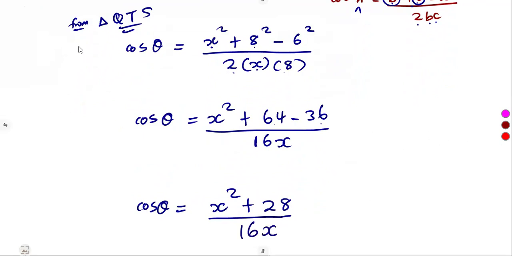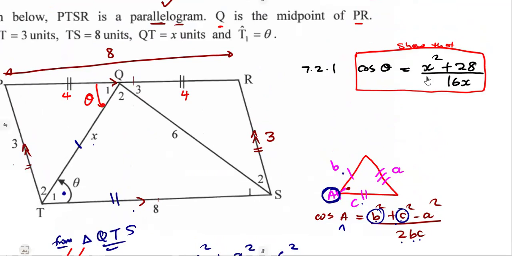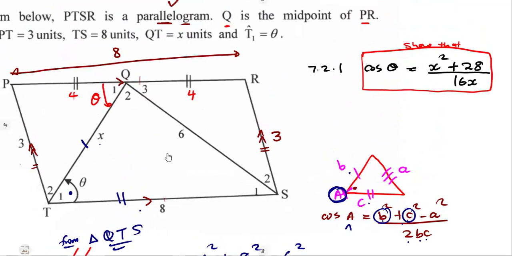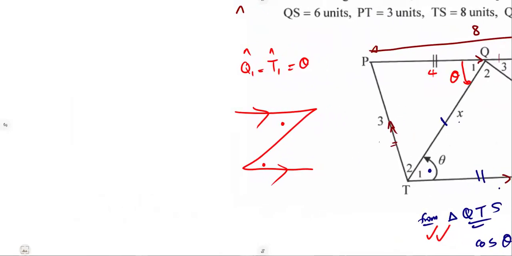So we can see that we are obtaining this from triangle QTS. But in this case, it was not an exact match, because there is also triangle PQT, which also has theta, and we also have x on it. So let's see from that triangle if we are going to have the exact expression of the answer that we are given.